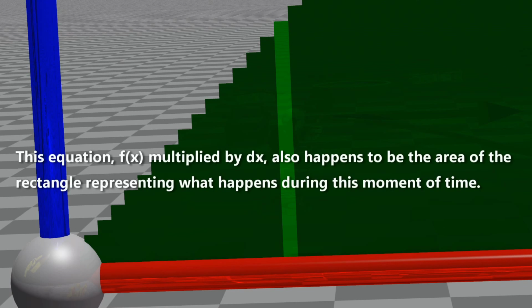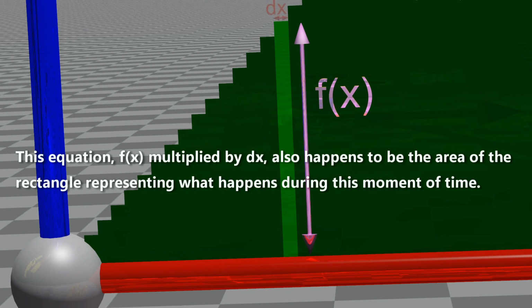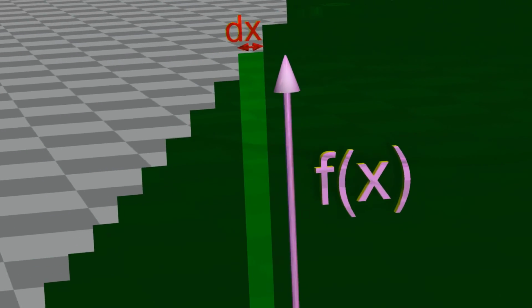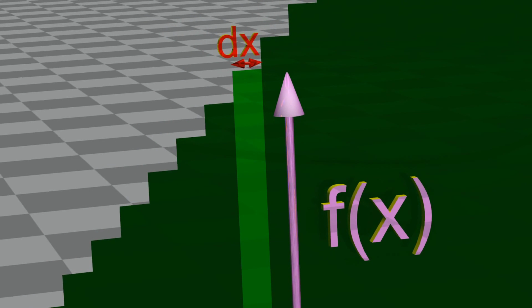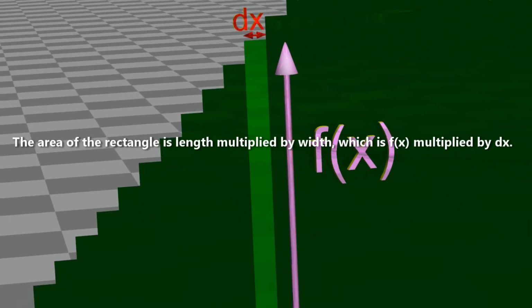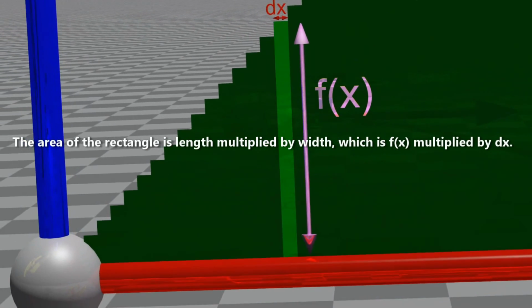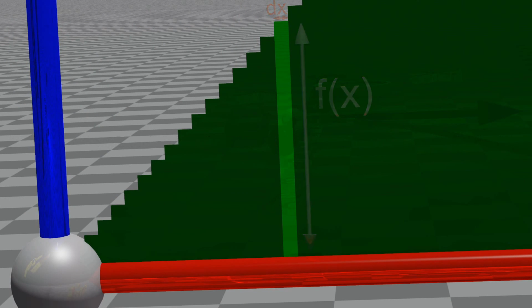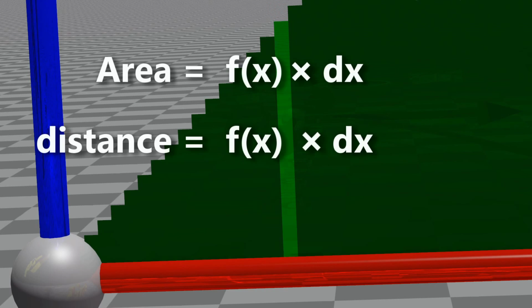This equation, f of x multiplied by dx, also happens to be the area of the rectangle representing what happens during this moment of time. The area of the rectangle is length multiplied by width, which is f of x multiplied by dx. Therefore, the area of this rectangle is exactly equal to the distance traveled during this moment in time.